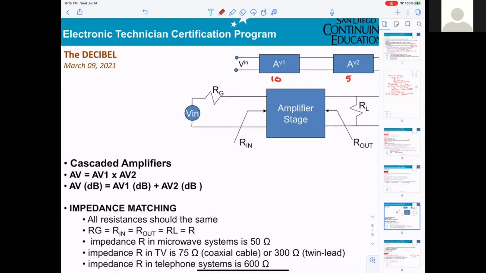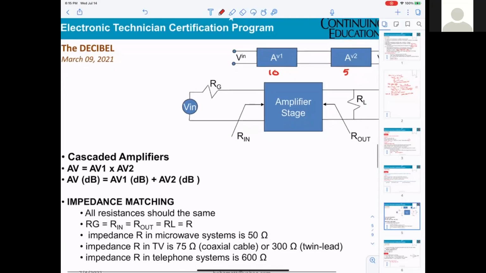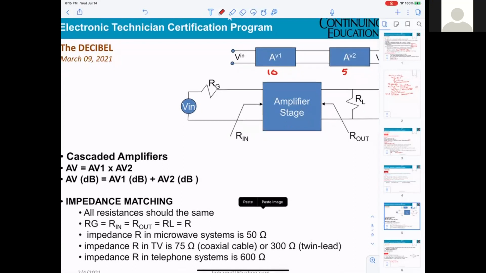Okay, impedance matching. Normally you can see they give you here the input impedance, and this is the output impedance. In order for maximum power transfer, they must be matching. That means they will be the same value.